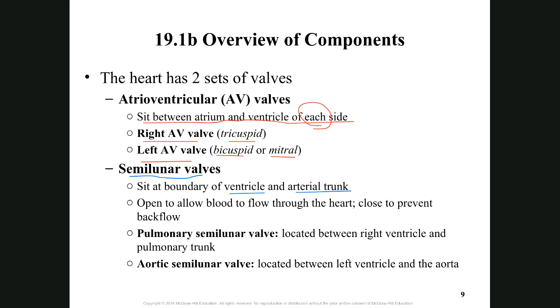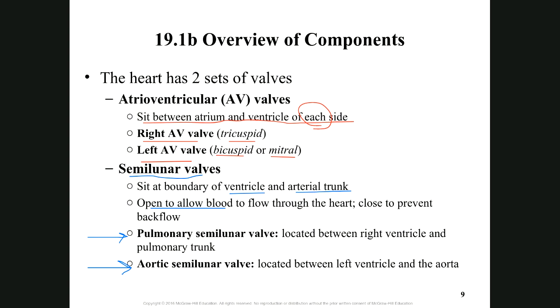They open to allow the blood to flow through the heart, and then they close to prevent backflow of blood to our heart. We have two semilunar valves. One of them is called pulmonary semilunar valve, which is located between right ventricle and pulmonary trunk, and the other one is called aortic semilunar valve. It's located between left ventricle and aorta.